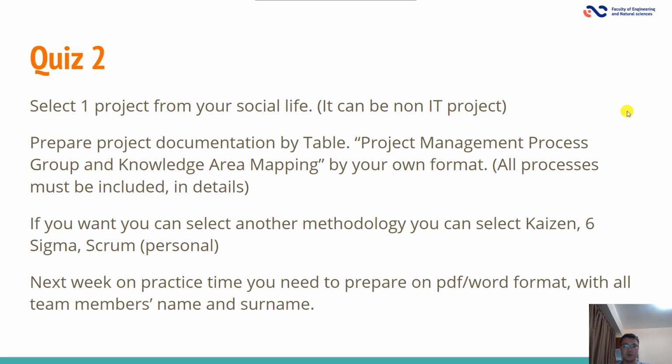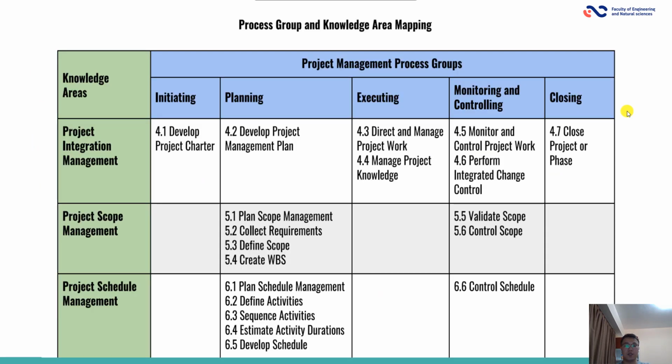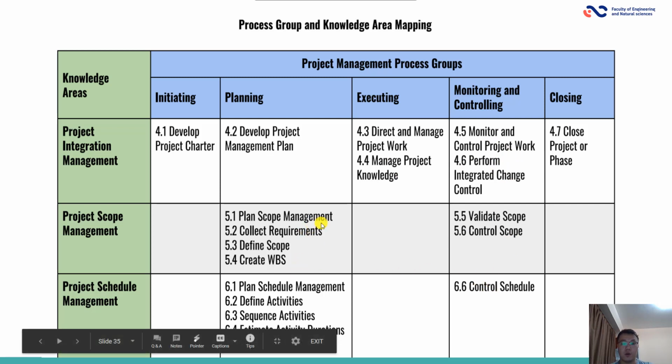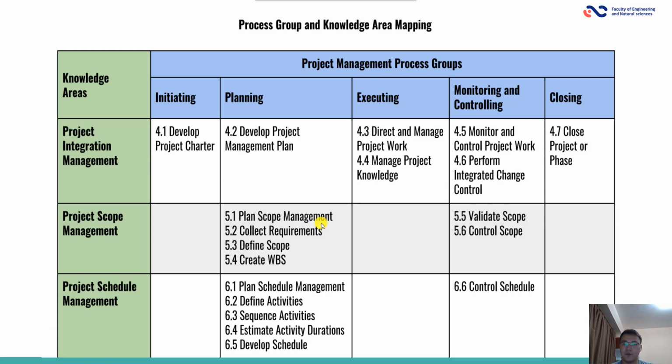And you can ask, what kind of table do we have to use? Here is an example of a table, process group and knowledge area mapping. Here you can write your project information in your own format. I think it's clear. For me, it was clear.